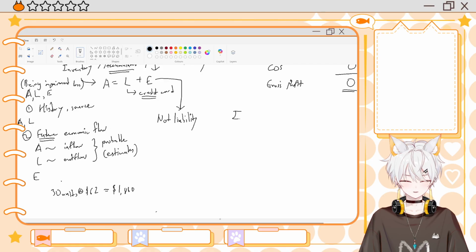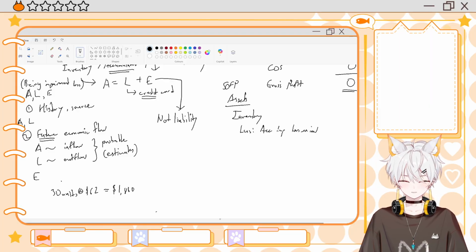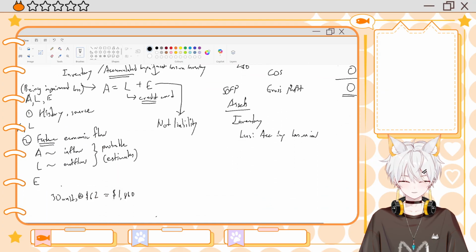So under your assets, this is your statement of financial position, SOFP. You have your assets, inventory, right? Then underneath it, you have less accumulated impairment loss on inventory. So what's the amount up there? 3485.